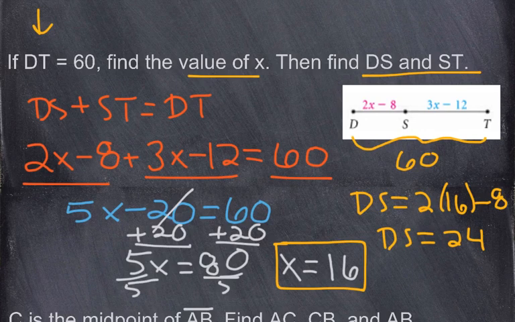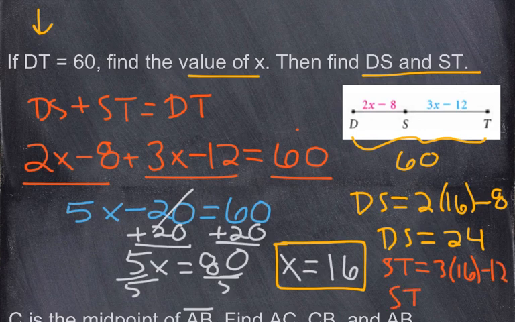Now if that's true, then we should get 36 for ST, because notice we have 60 here for the entire thing. Minus 24 gives us 36. But we always want to check our work by plugging in. So we have ST is equal to 3 times 16 minus 12.